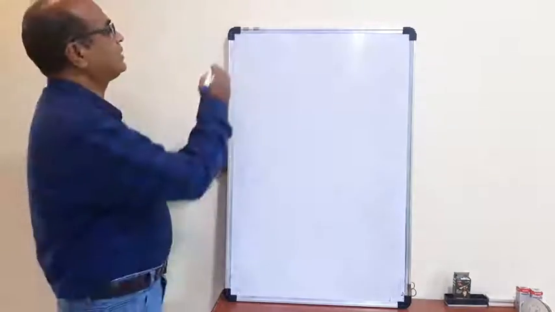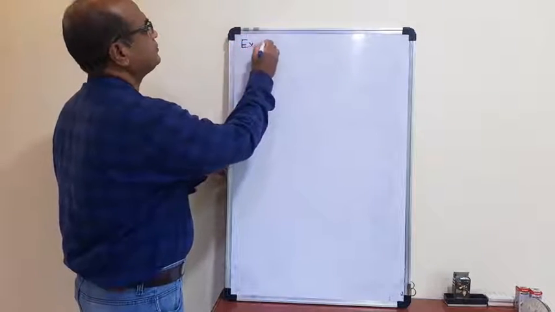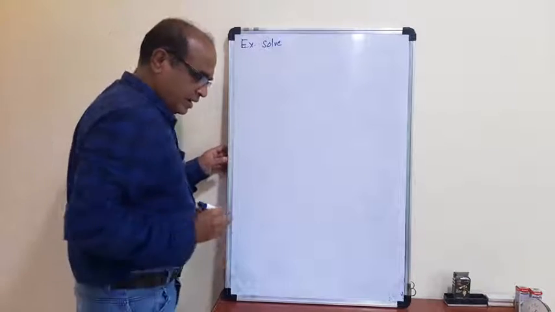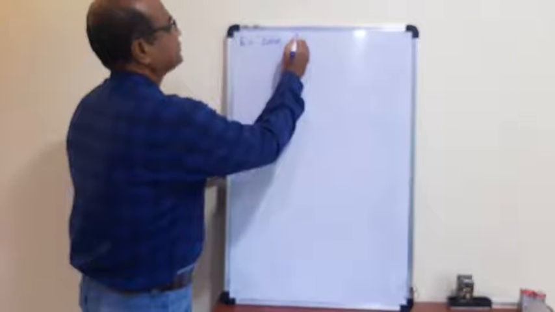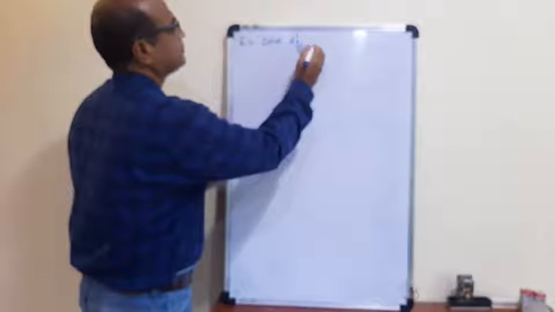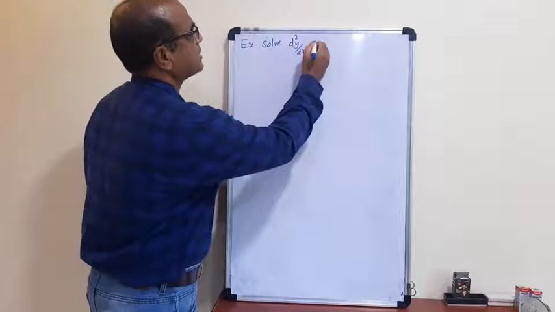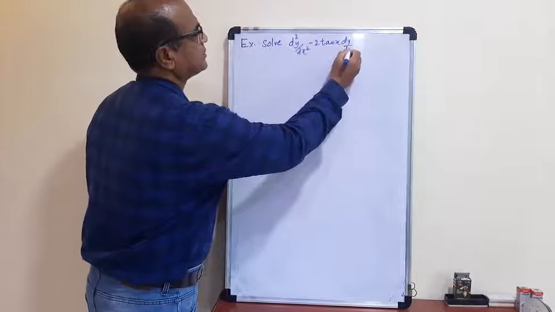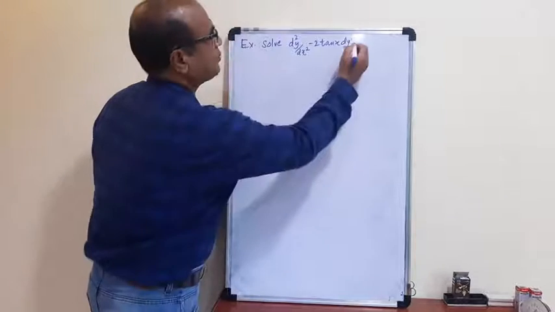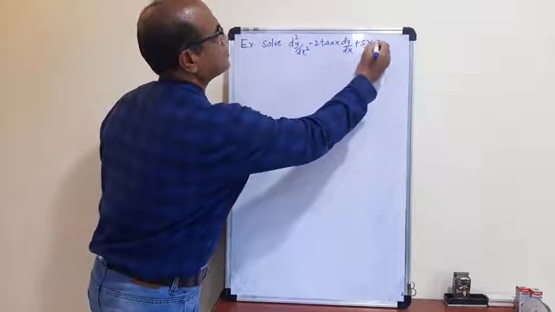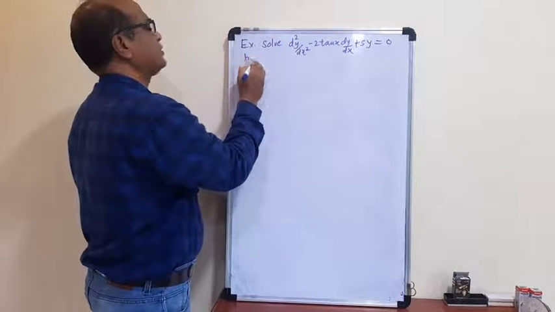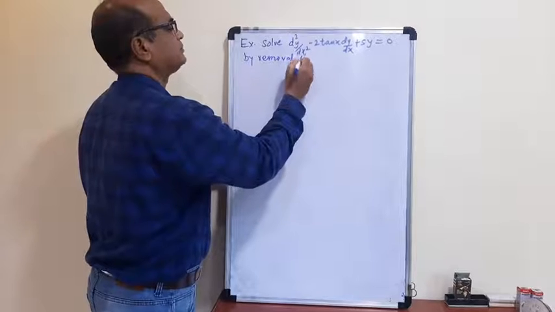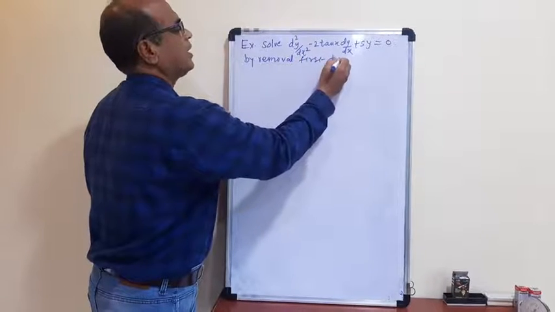So what is the example? Solve d2y by dx square minus 2 tan x dy by dx plus 5y is equal to 0 by removal of first derivative or changing the dependent variable.